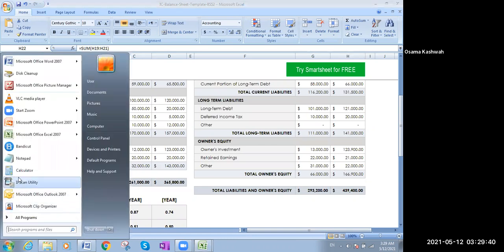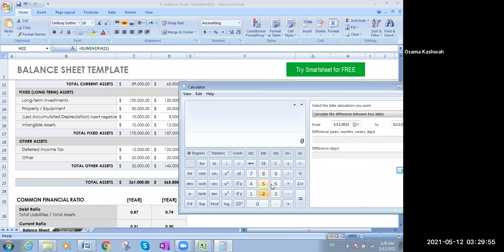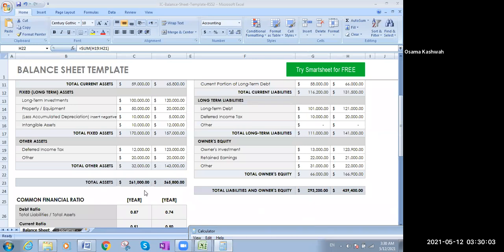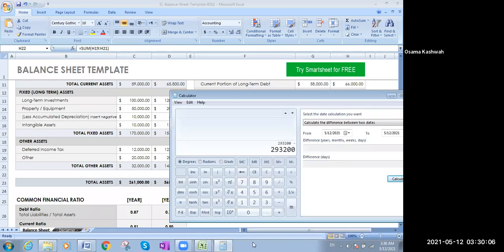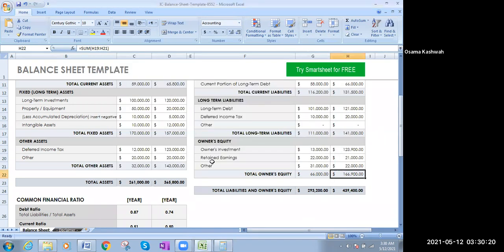If we calculate the gap between them, the number is 293,200 minus 261,000, which equals 32,200. That is the gap, 32,200.